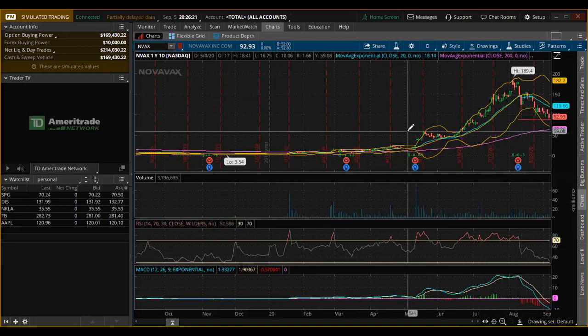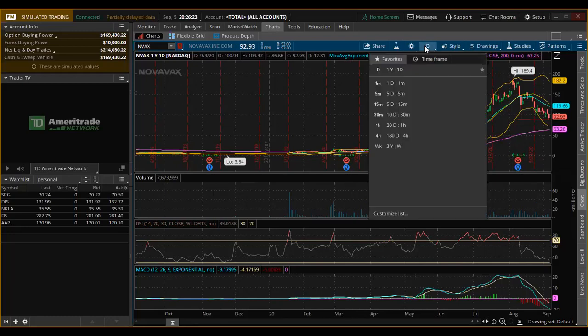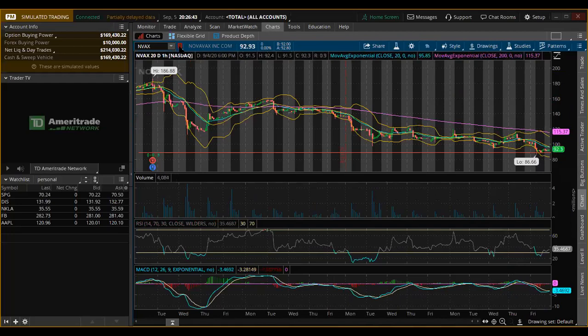So this is one of the ones where I would have to, well, first off, looking at the year chart, I'm like, yo, this thing is just dropping. So this is the start of August. And then it's dropped since August. Looking at the 20-day, it's just been falling.